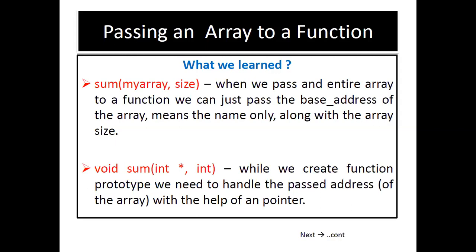And while we create the function prototype, we need to handle the passed address of the array with the help of a pointer. So I kept the function definition statement of sum as well as the function prototype, and how it needs to be represented. After today's session, no one should have a doubt on this.